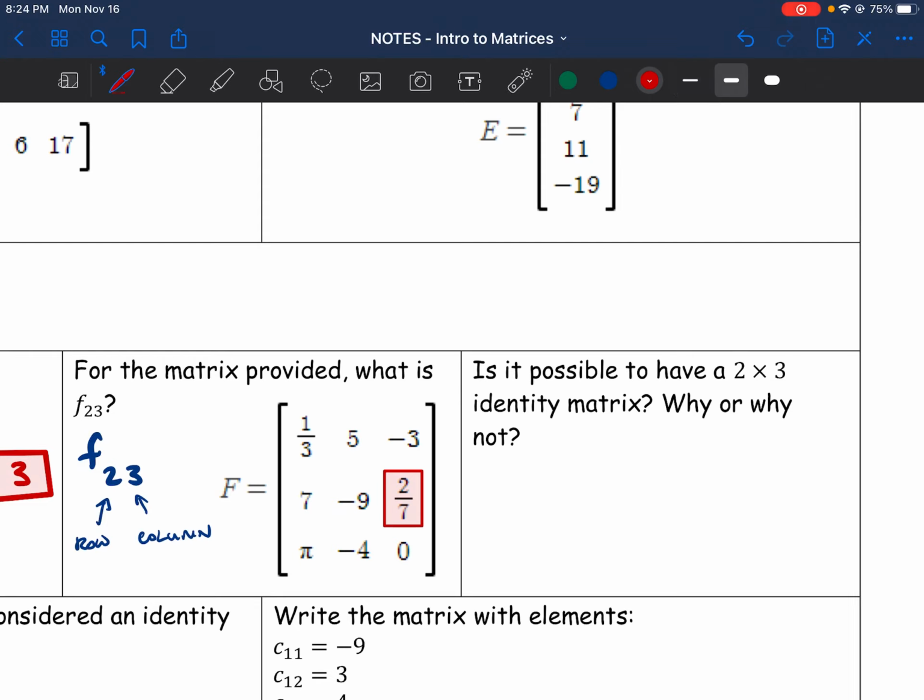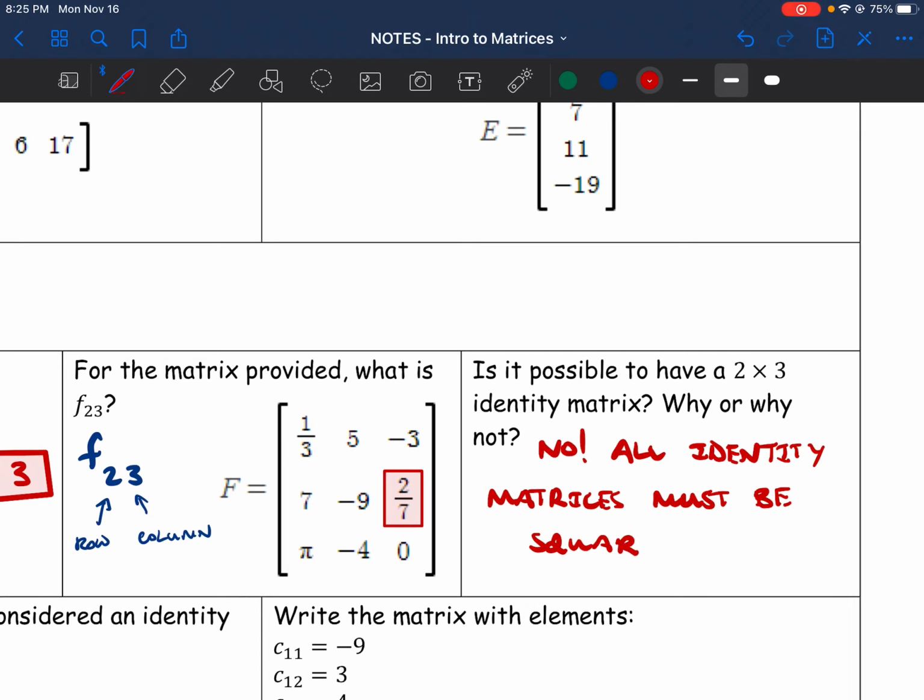So we would say no. All identity matrices must be square matrices, again, meaning that they have to have the same number of rows as they do columns.